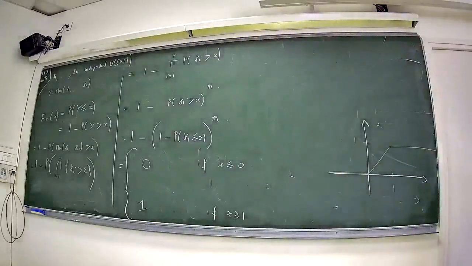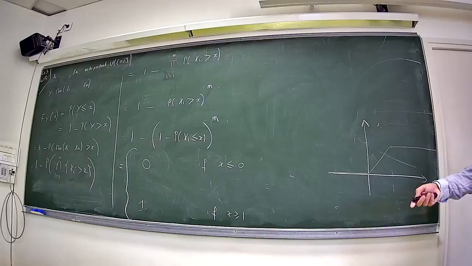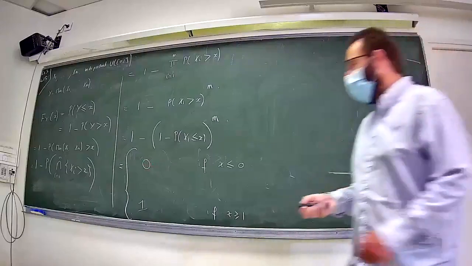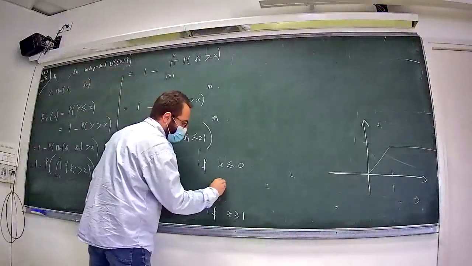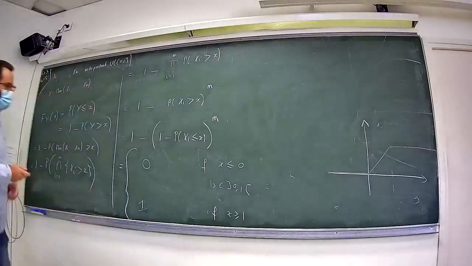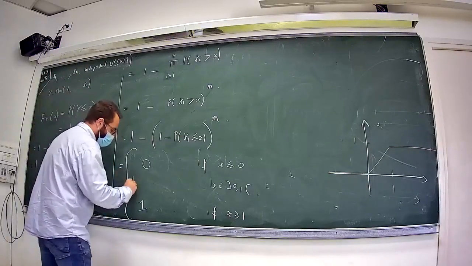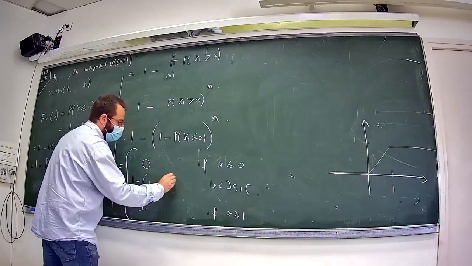If you obtain 0 here, or 1 there, you have made a mistake for sure. And between both of them, this one is x, so I obtain 1 minus (1 minus x) to the power n.